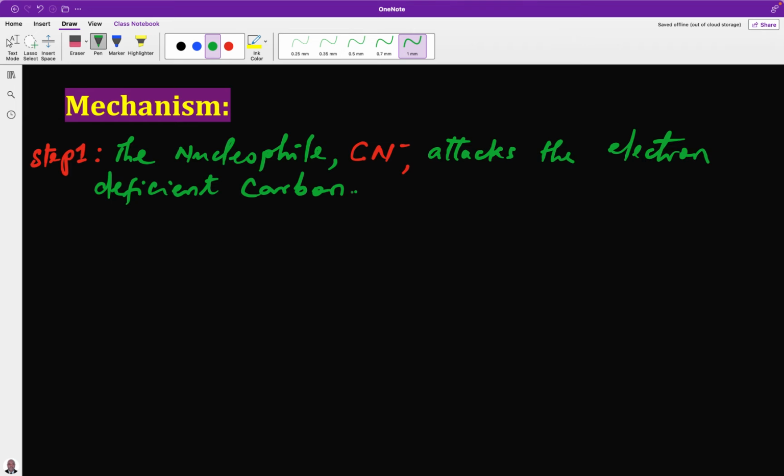And secondly, what do you understand by nucleophilic addition in organic reaction?